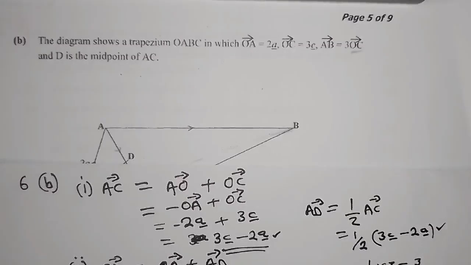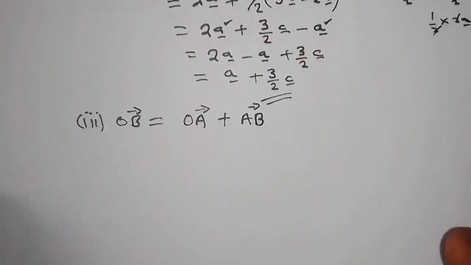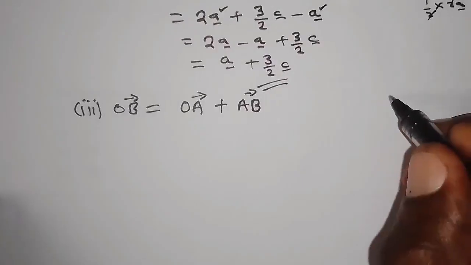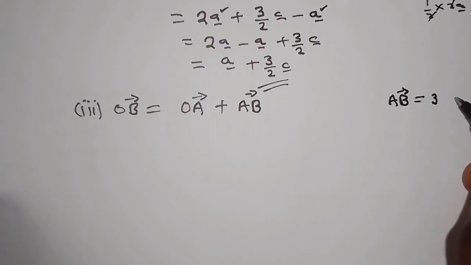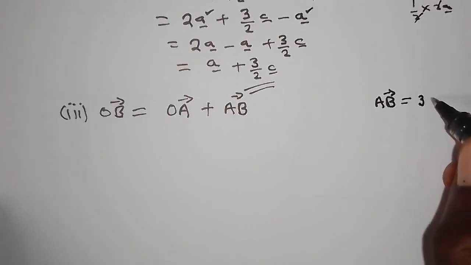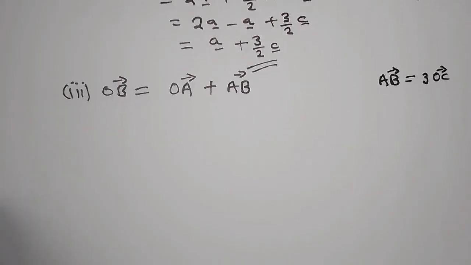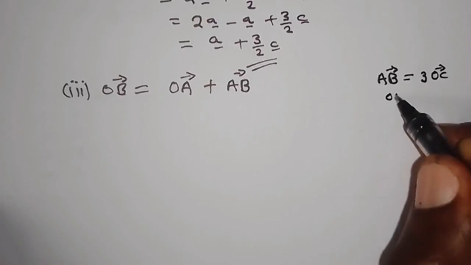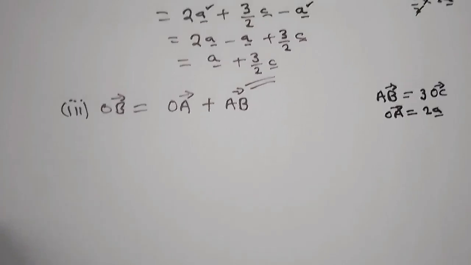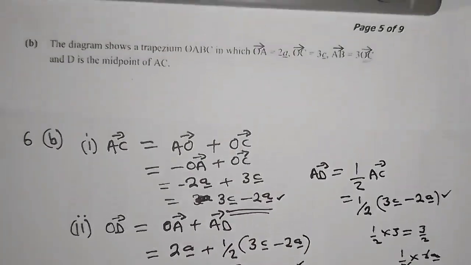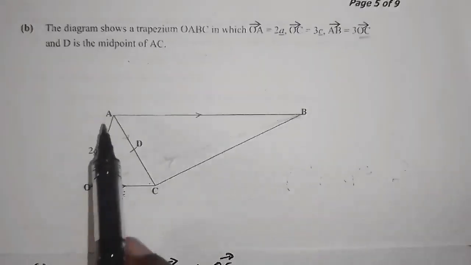And yeah, we know that vector AB is 3 of vector OC. And from the diagram, we know that vector OA is just 2a. Okay. From this diagram, vector OA is just 2a.